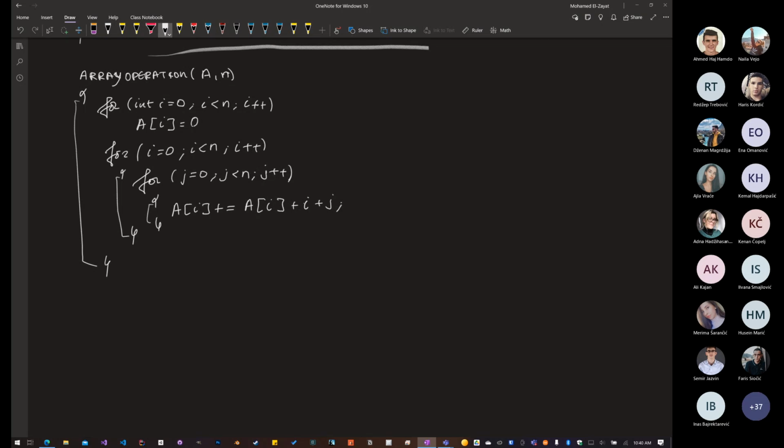For example, in one of the exams, this precise question was given, and people put n to the power of 3, and others put O of n for some crazy reason, I don't know why. They probably tried to hack the exam, but they hacked it in the wrong way.